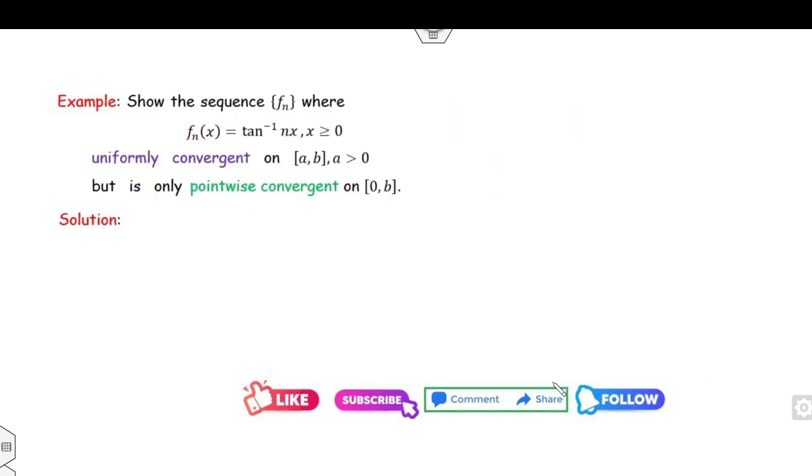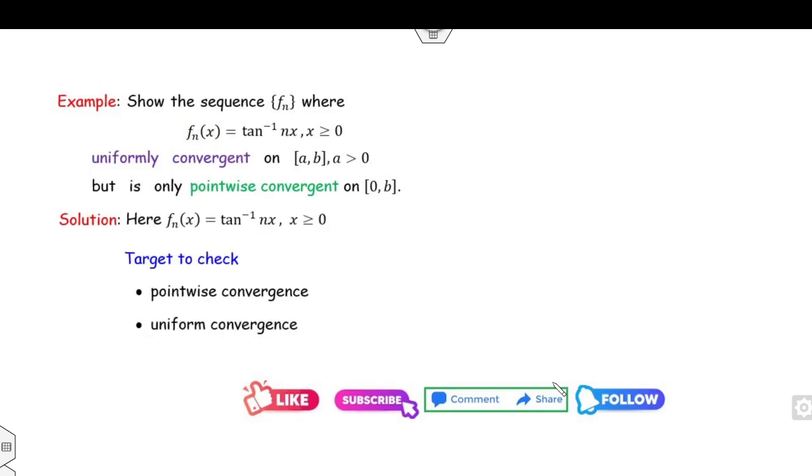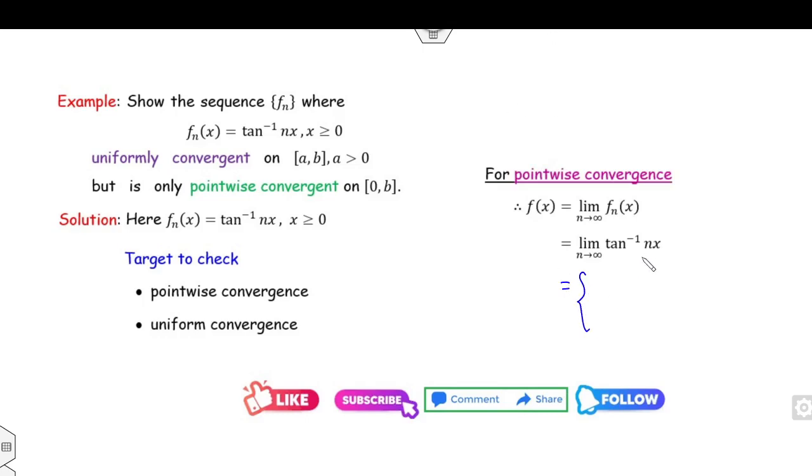Look at this another example. Again, they are talking about pointwise and uniform convergence. The target always remains the same. Can you find the limit of this? We can consider two cases: when x is 0, because the domain is (0, b), and when x is greater than 0.